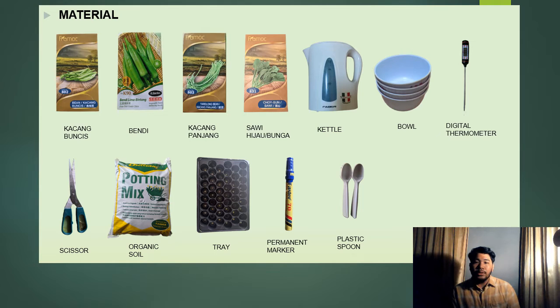Next, we have a digital thermometer to measure the temperature of the water. And then we have scissors, organic soil, a tray, a permanent marker, and lastly a plastic spoon.